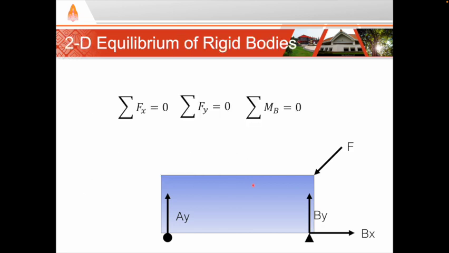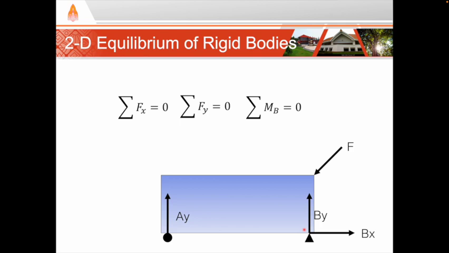In 2D, we normally set up the sum of forces in the x and y directions equal to 0. And we will choose a point and set the sum of the moments about that point equal to 0. So that gives us 3 possible equations to use. And we should choose the point for the moments where most forces intersect.